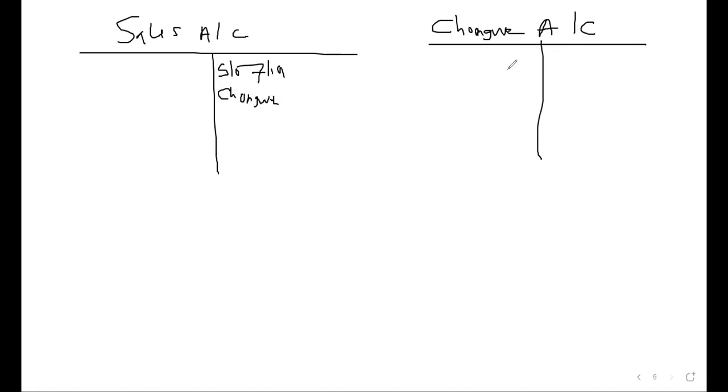How much was it? And then on the same date they received. So this was a credit and this was a debit. Sales always have a credit balance because we give away.